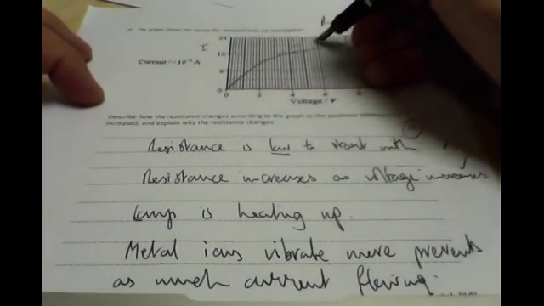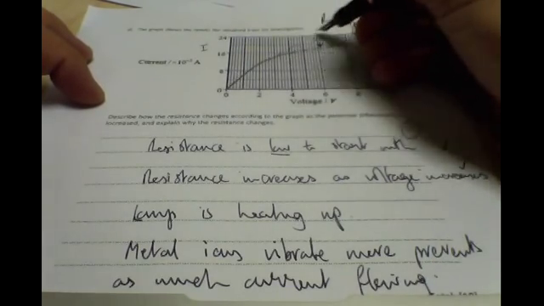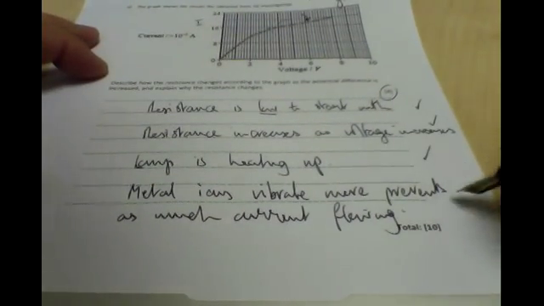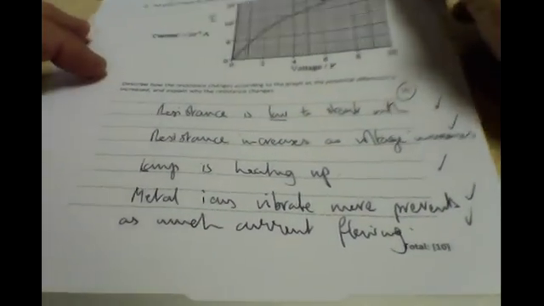Hence why there is this deviation from the current increasing. Any of these four statements, there's probably 5 there, but any of them are great to describe what's happening with the circuit. Right, next question.